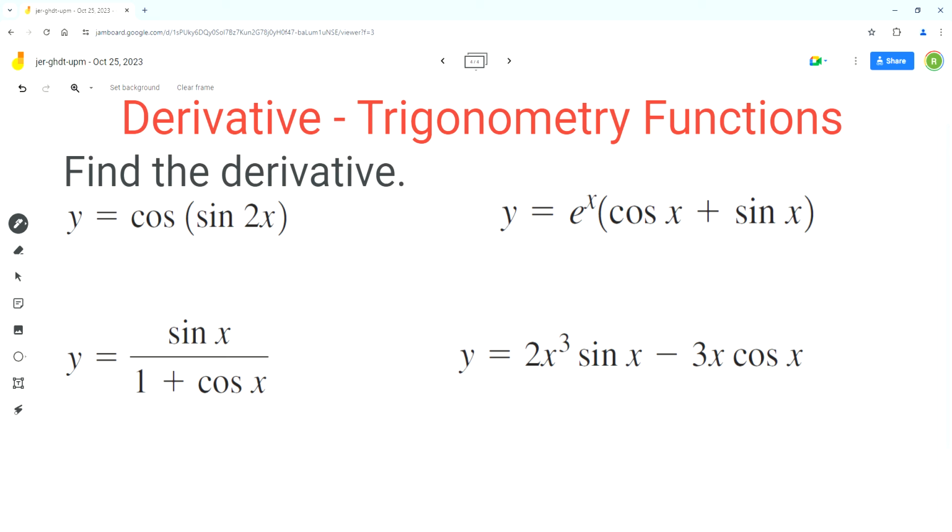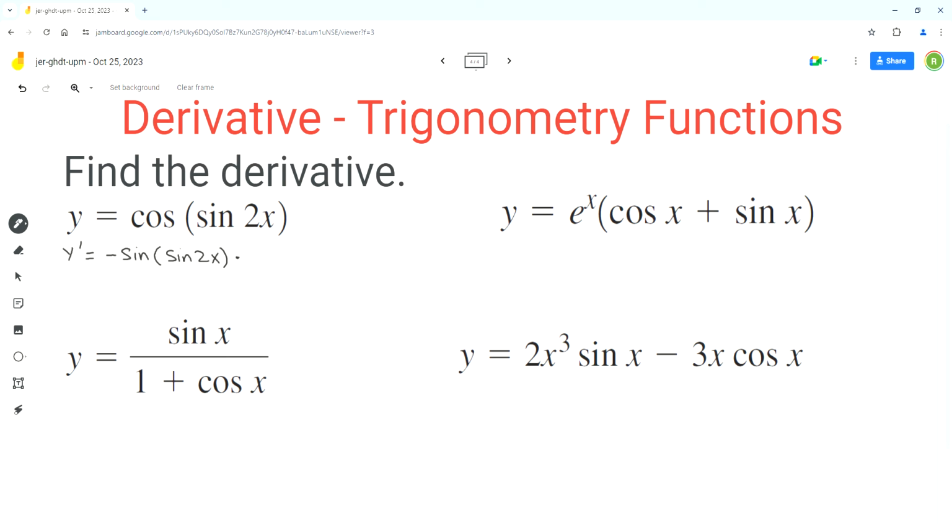For the outer function cos, the derivative is minus sine times the derivative of the inner function, which is sine 2x. Now sine 2x is also made up of two functions, the sine function and the 2x, which is the polynomial function.